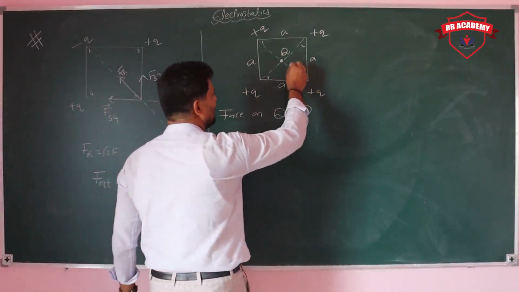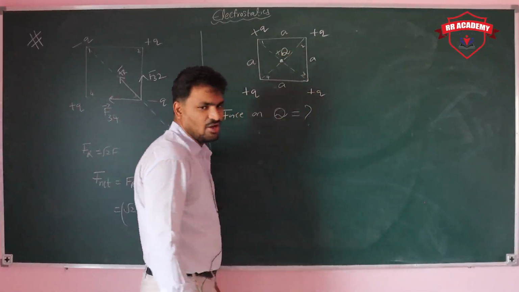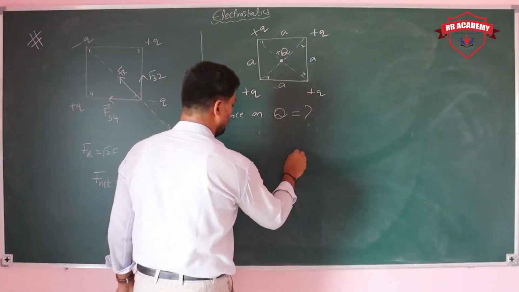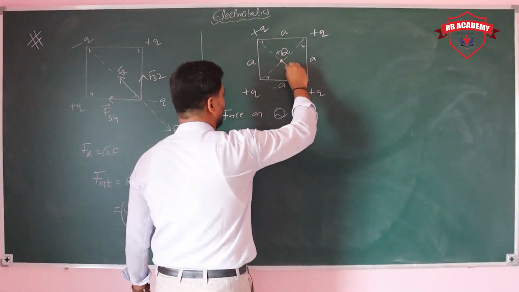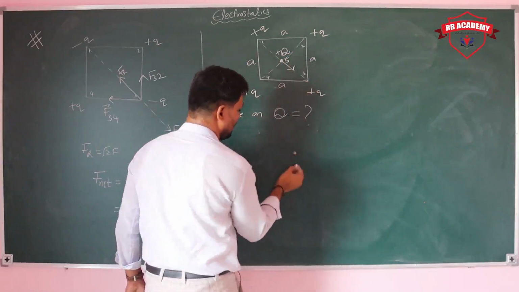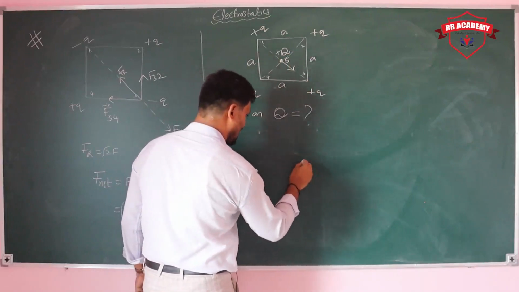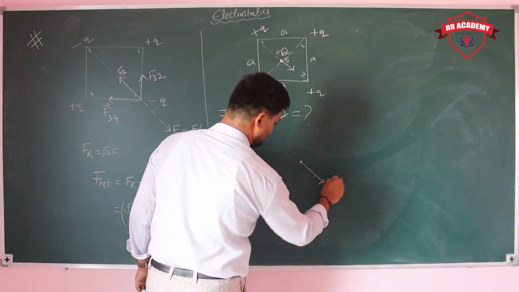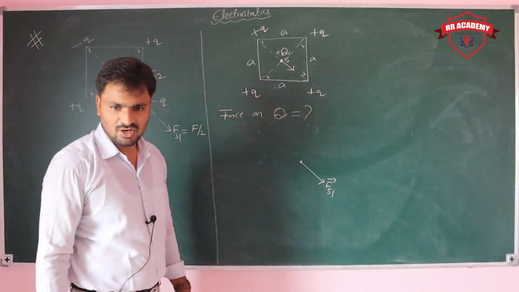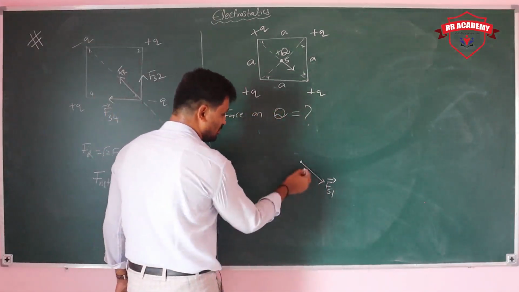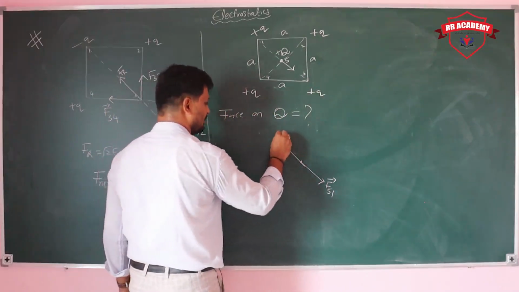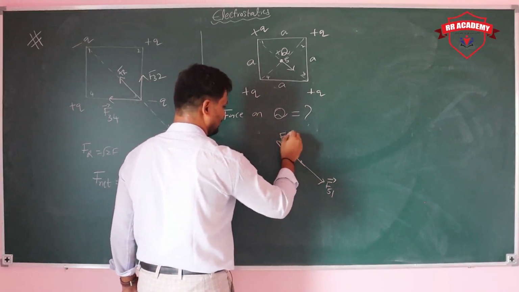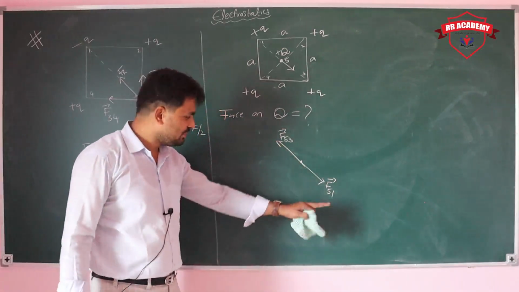This is also plus. Which kind of force is acting? See here, I am giving the direction. This is the force on the fifth charge by the first charge. This is the direction for the force on the fifth charge by the third charge, F53. These two are acting away.